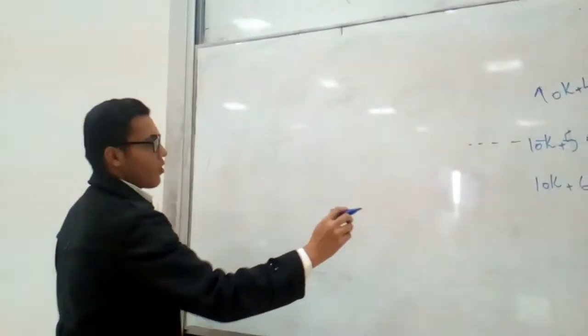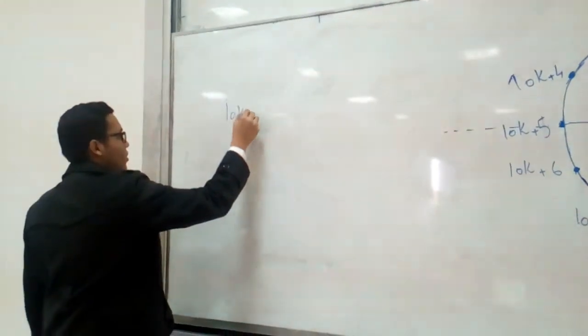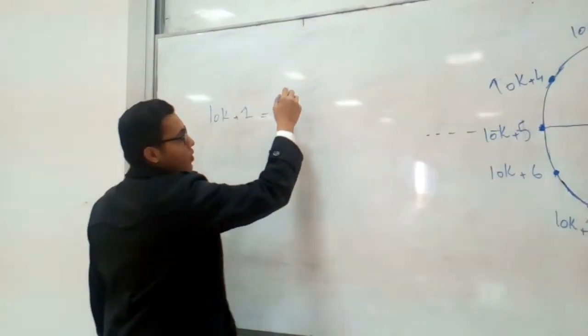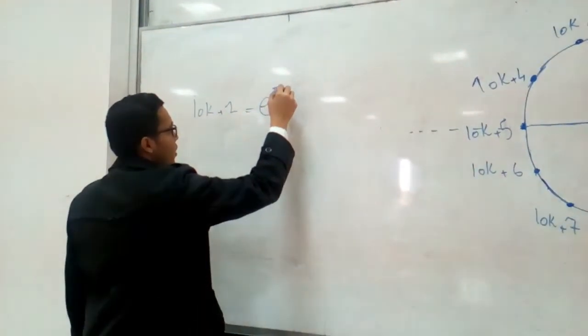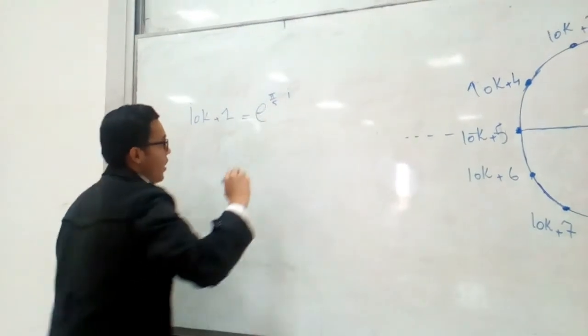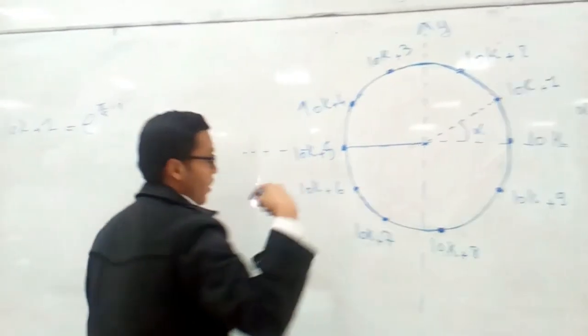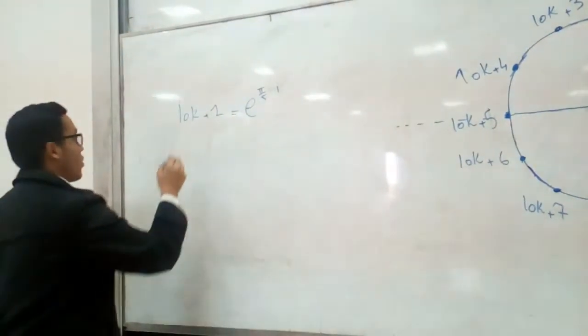We have from the circle, if you can notice, 10k plus 1 is actually equal to exponent of pi divided by 5 multiplied by i, because we can consider this point here as a complex number, and we can represent it like this.